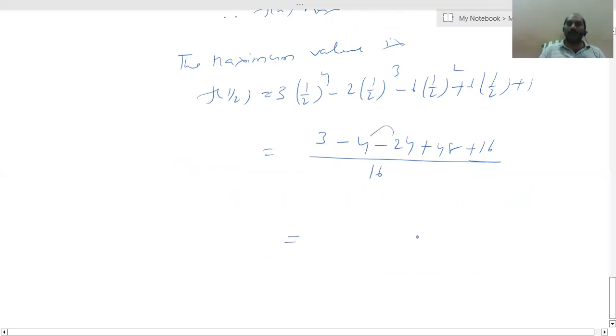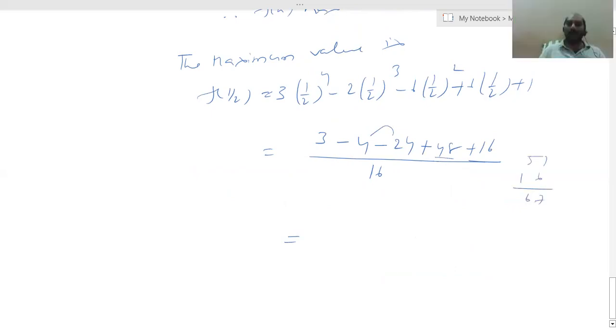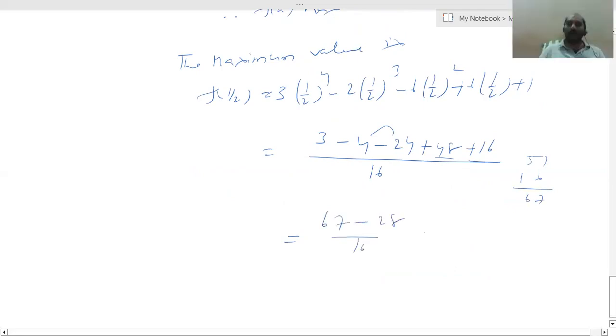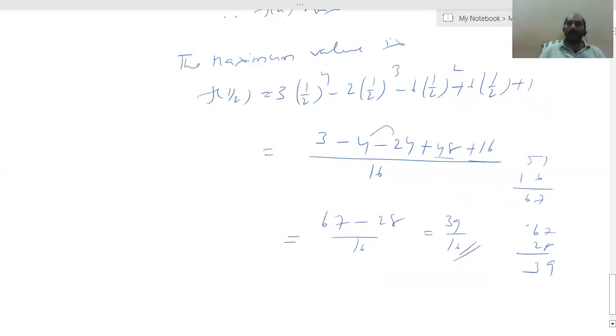Here we have two negative terms, minus 28. 48 plus 3 is 51, 51 plus 16 is 67, 67 minus 28 by 16, which is 39 by 16. This is the value at 1 by 2. This is the maximum value.